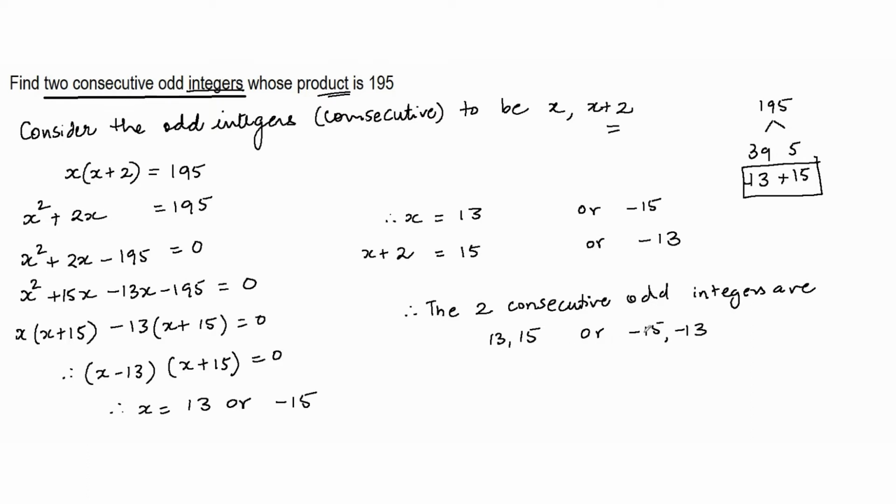A quick check, product of these two is 195, so that condition is satisfied, and they also differ by a value of 2, and they are odd integers. So both these combinations satisfy the given requirements, and therefore they form the answer. Pausing for a minute before I move on to the next one.